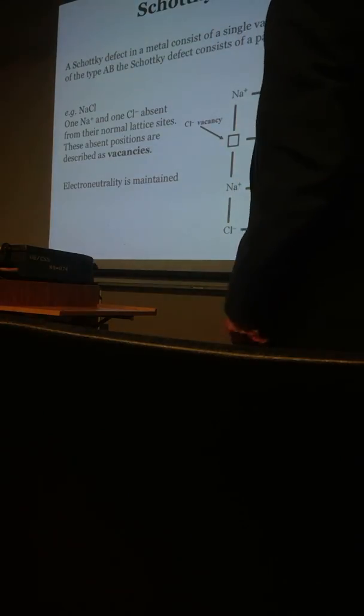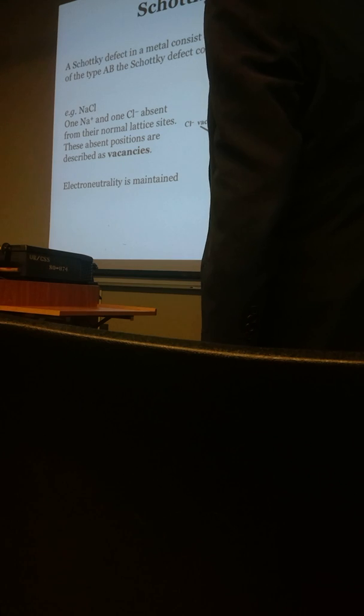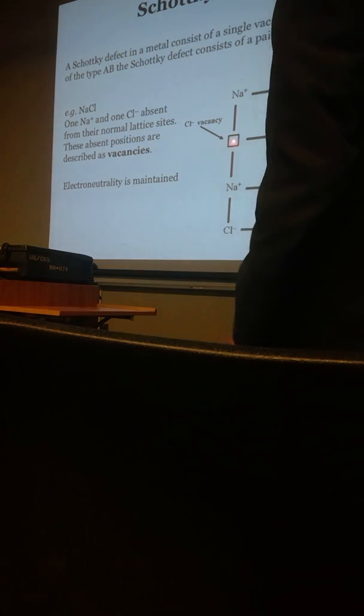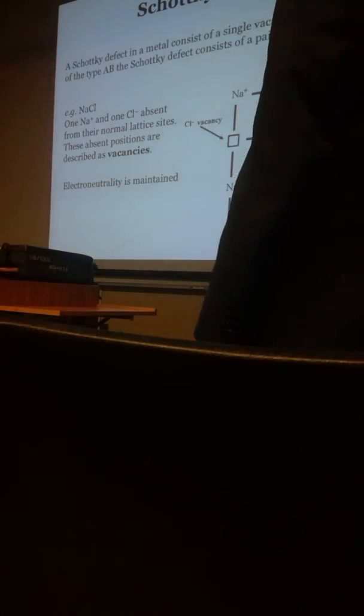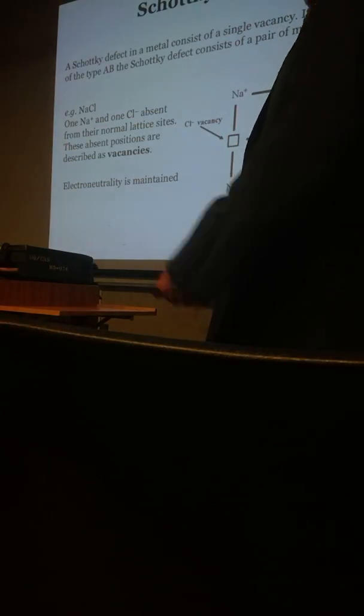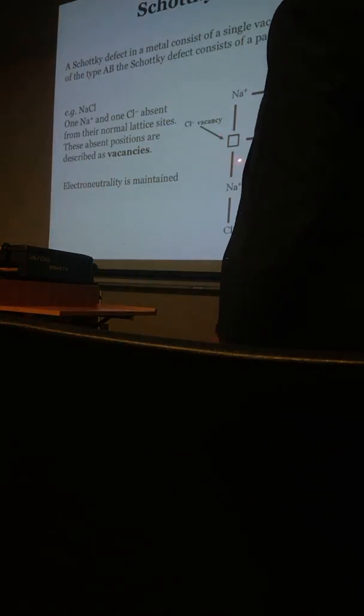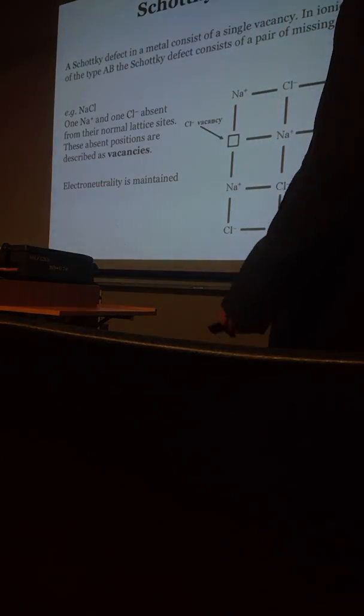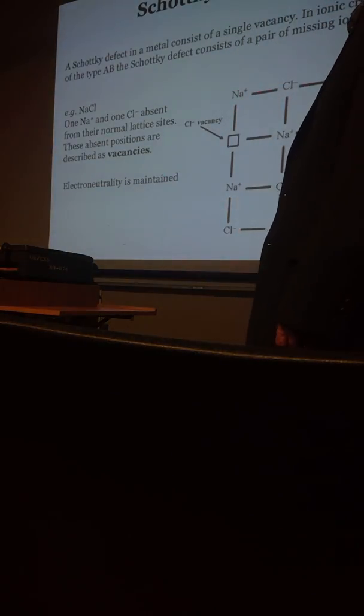In that kind of ionic compound, the Schottky defect case is where chlorine is out and at the same time sodium is out. Because both ions are out, it creates a chlorine vacancy and a sodium vacancy, but the overall stoichiometry is unchanged.